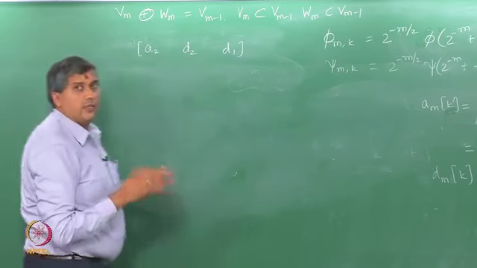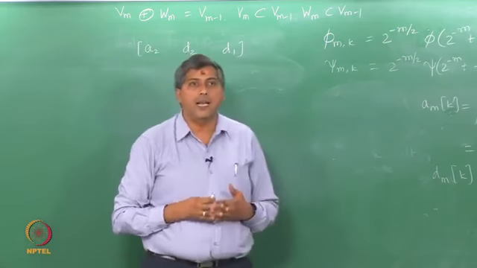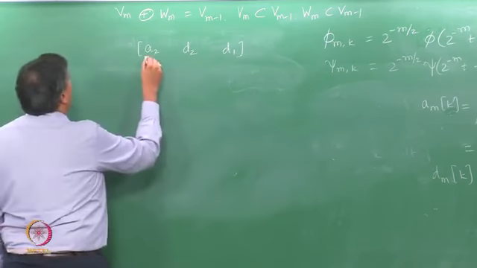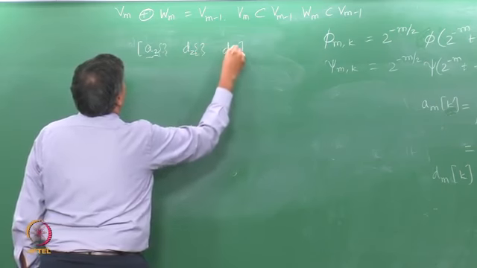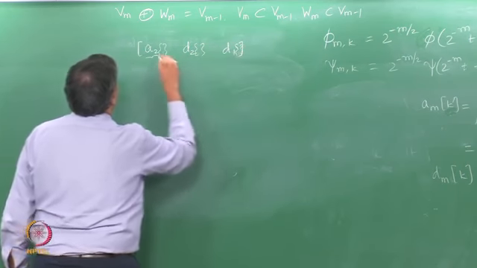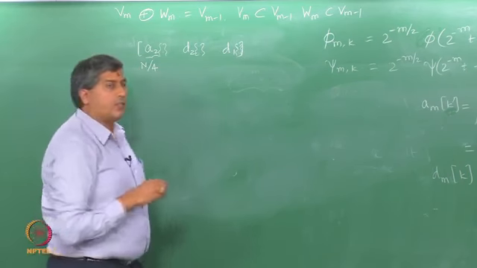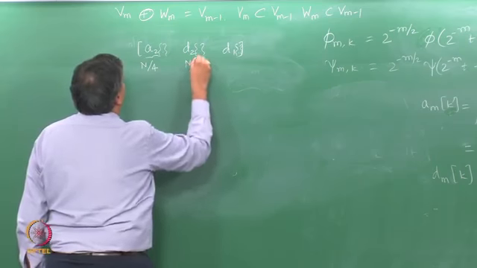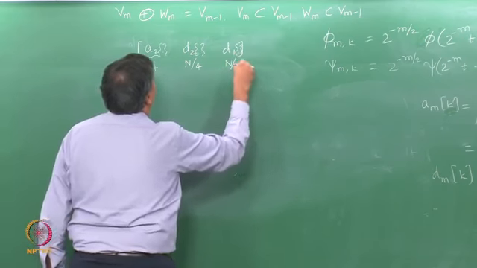That convention rests with the software package, but what you should remember is if the signal is of length n, then A2, this sequence here, would be of length n by 4, essentially n by 2 power 2, and D2 would be of length n by 4 and D1 would be of length n by 2.